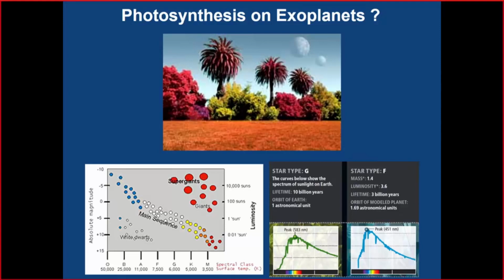So it might be that all our plant systems are adapted to this. Even we have adapted to our parent Sun. That's why we see in the visible region.